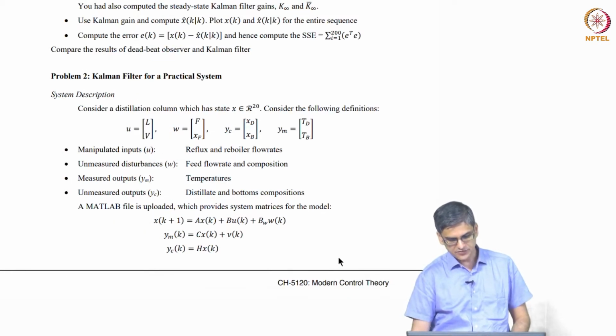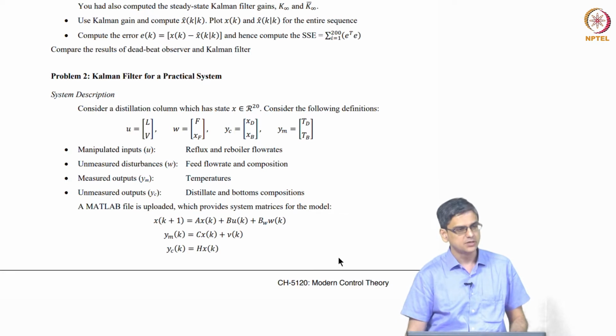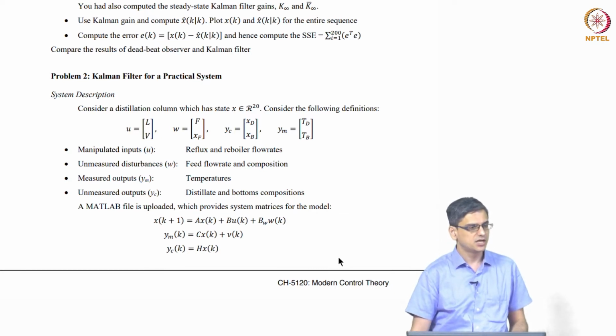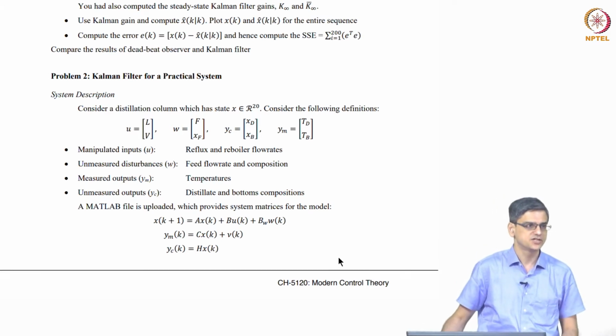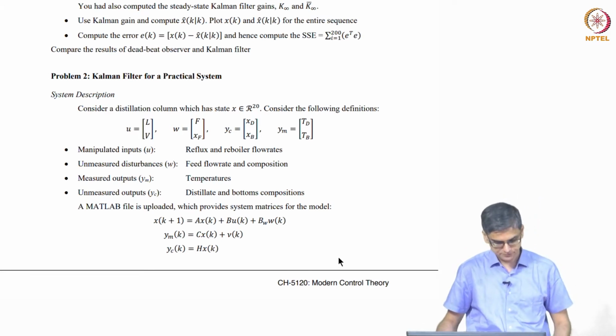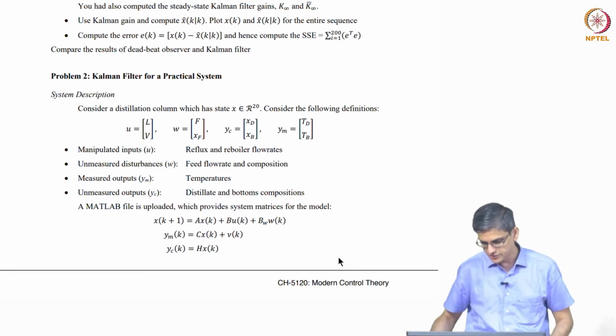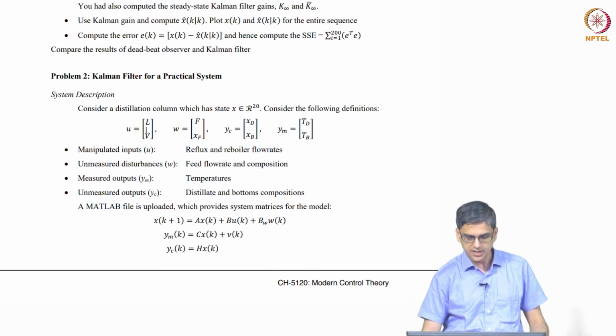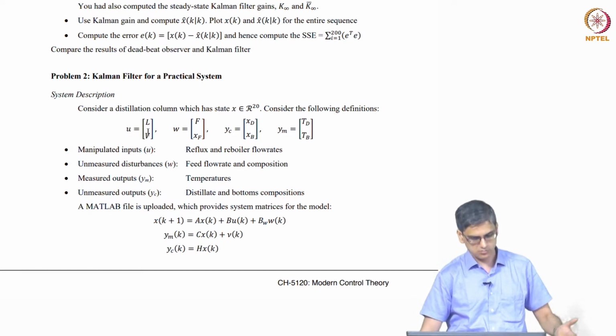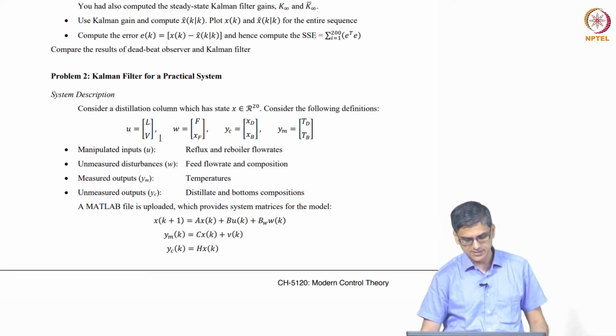We talked about the distillation column last week, and this is a classical example of what people call inferential control. Inputs are L and V, which are two flow rates.